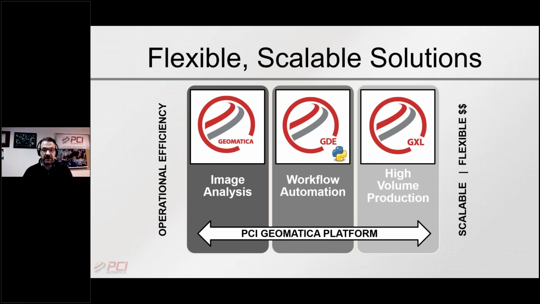And that capability is expressed in a number of different software packages, which is really meant to scale with your operations. We have been developing Geomatica, a desktop image processing software tool, for a number of years. Within the last 10 years, we deconstructed the entire desktop package so that we could build it back up into individual modules. One expression of that reconstructed module is our large volume production system known as GXL, or Geoimaging Accelerator.